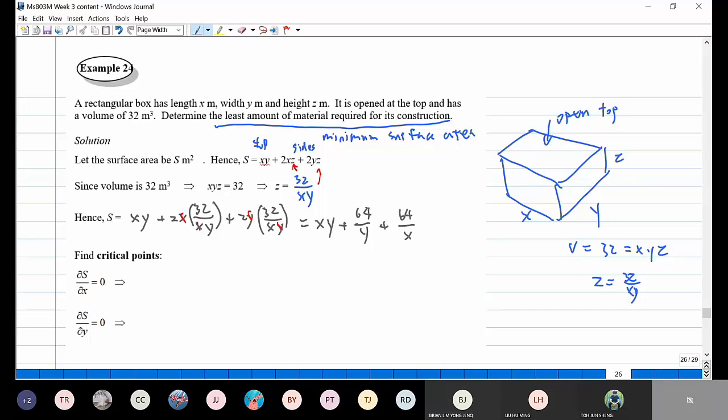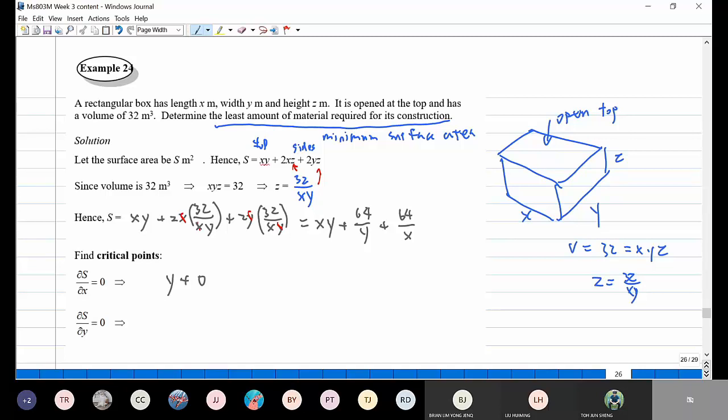So now, how do you find the minimal surface area? You must set the derivative of the surface area with respect to x equal to 0 first, so you solve for the critical point. Differentiating with respect to x, you get y. The term 64 over y is 0 because there is no x here.